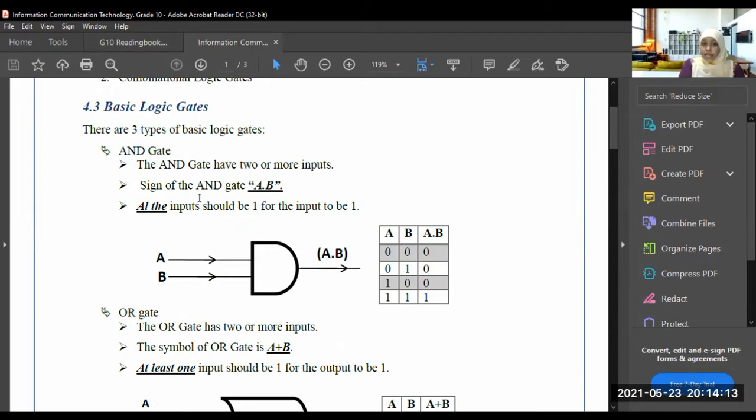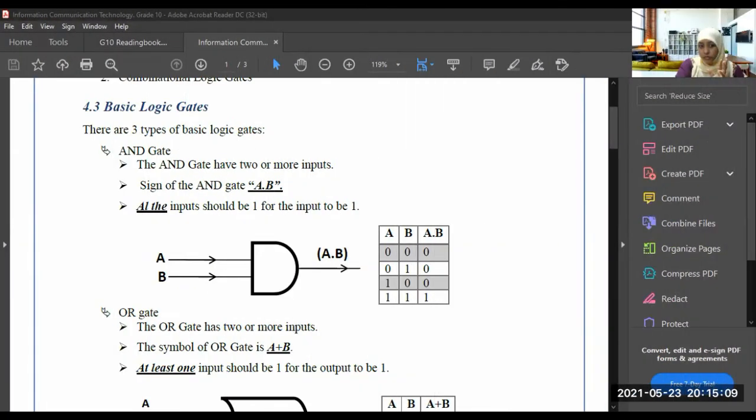Okay. Sign of the AND gate. When you are writing the sign of the AND gate, now there are 2 inputs here, A, B. So the output will be like this, A and B. All the inputs should be 1 for the output to be 1.